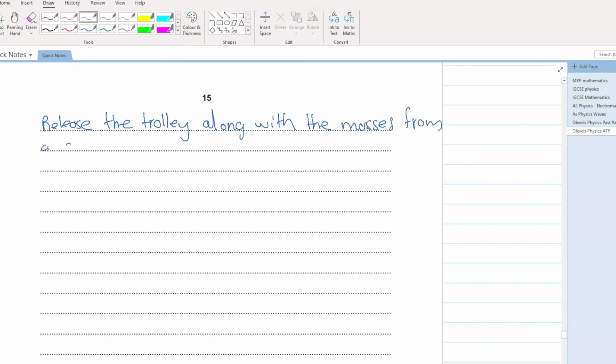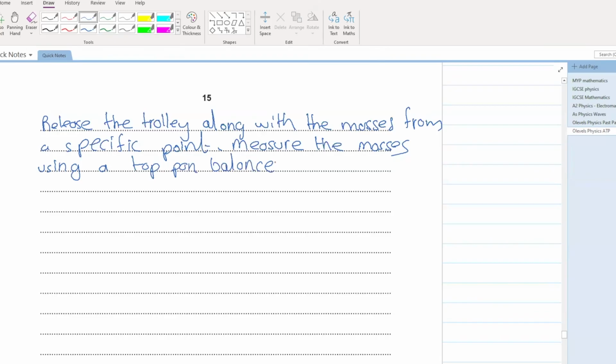Perfect. Now what will you say? Measure the masses using a top pan balance. Using a top pan balance, basically you are incorporating the additional apparatus point and the procedure point together. Measure the masses using a top pan balance.